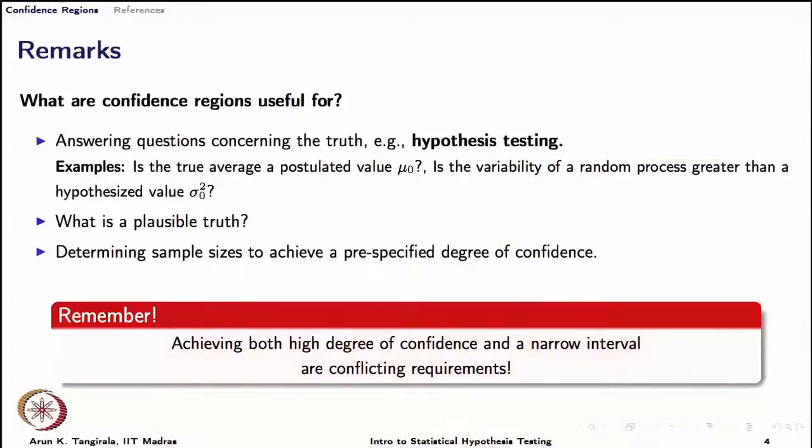As I tend to increase the degree of confidence, generally for a given data set, for a given phenomenon, the width of the interval starts to increase. Obviously, because the 100% confidence interval is the widest. So, if you want a narrow interval, you will also have to shrink the degree of confidence. And a good estimator is that which among all the estimators will give you the narrowest interval for a given degree of confidence. That is what we mean by an efficient estimator.